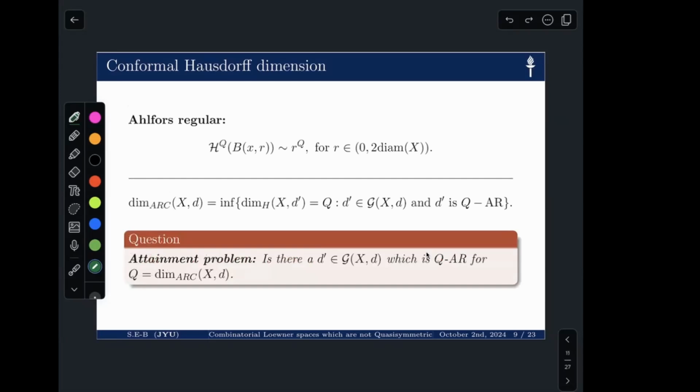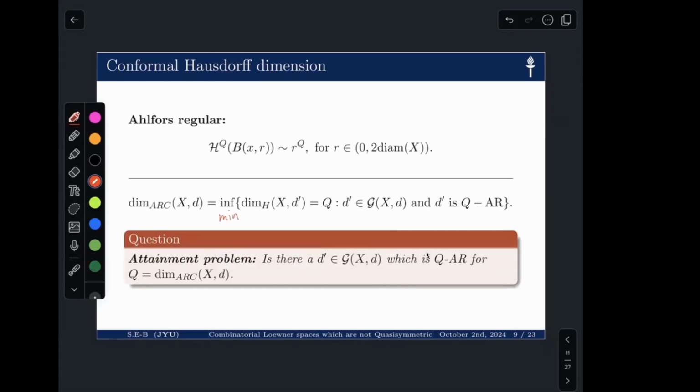Great. So this is the optimization problem, but a perceptive listener will notice that there's this infimum here, and this infimum may or may not be attained. It might not be a minimum. The question about whether there is a nice metric in terms of this problem is: is there a metric that makes this infimum a minimum?